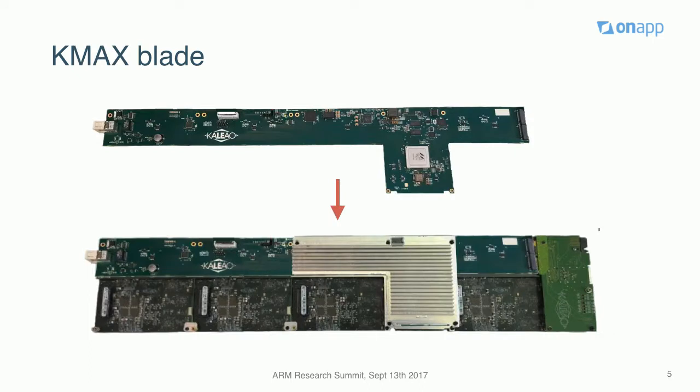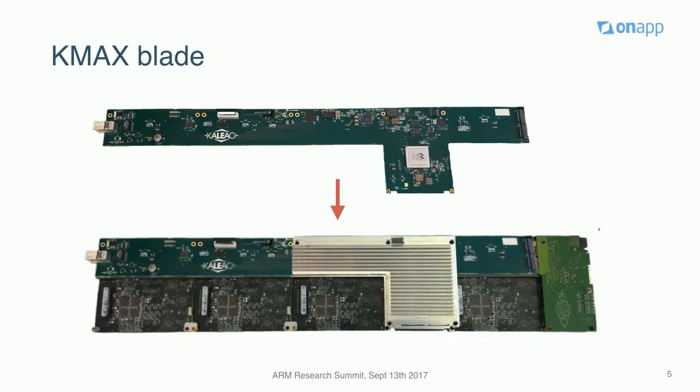The KMax system is, as I mentioned, a very dense system. So each chassis has a number of blades associated with it, up to 12. And each blade can hold 4 compute nodes with some integrated network components here as well.